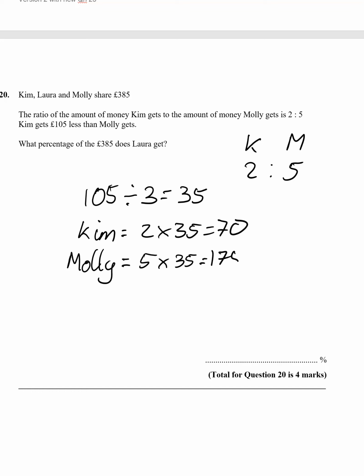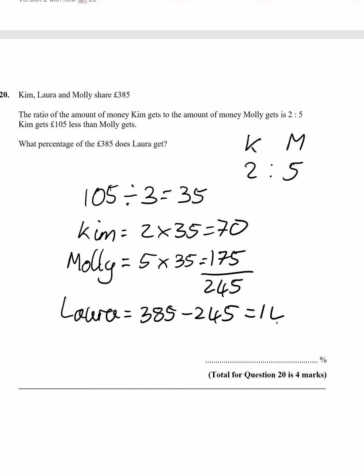175. So between them, they get 245. So Laura gets 385 minus 245, which is 140. So now we know how much each one gets.